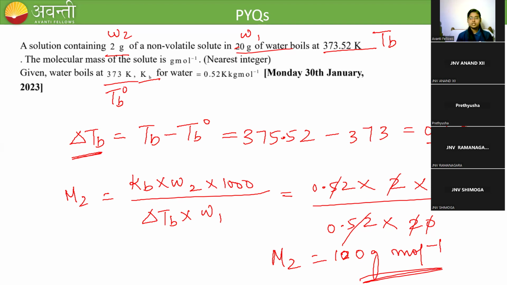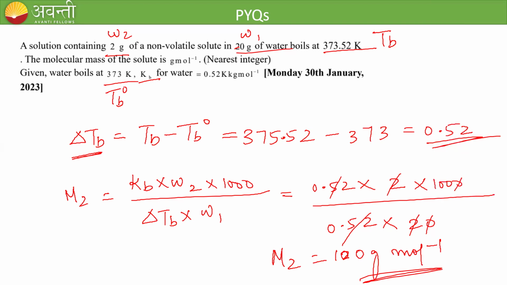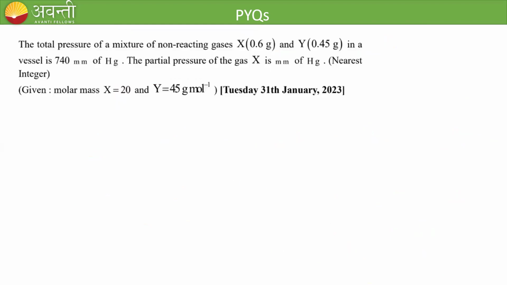Shall I move on to the next question? The next question says that the total pressure of a mixture of non-reacting gases X and Y in a vessel is 740 mm of mercury.